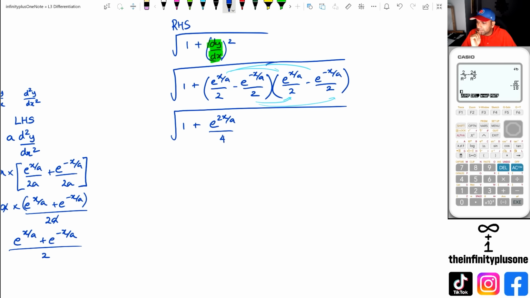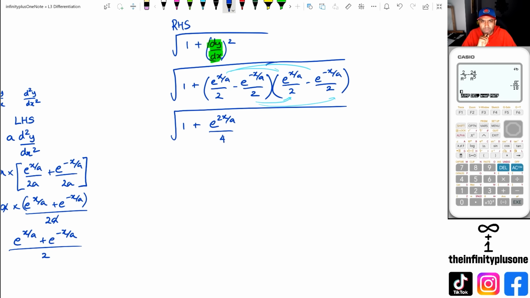What have I missed here? When the two powers get added up, they disappear. Yeah, because e to the power of negative x over a times e to the power of positive x over a is just going to become 1.